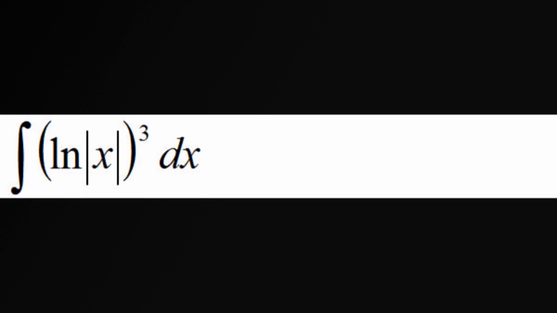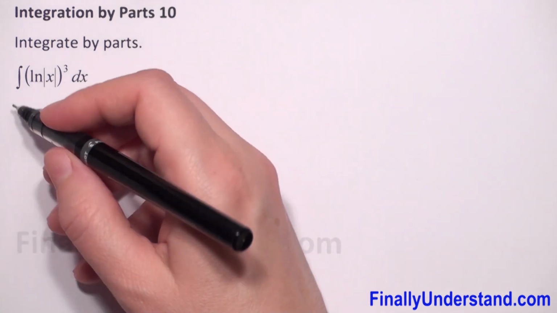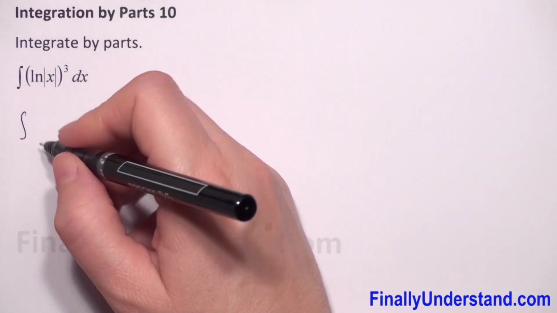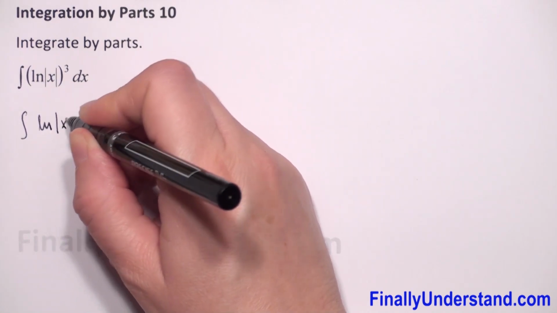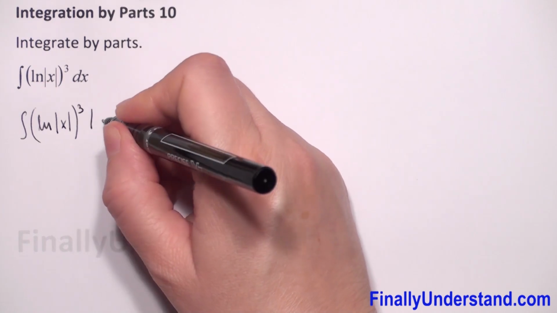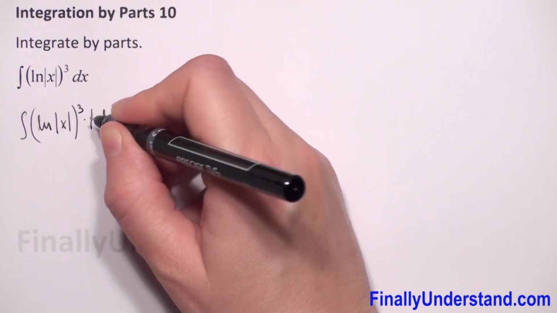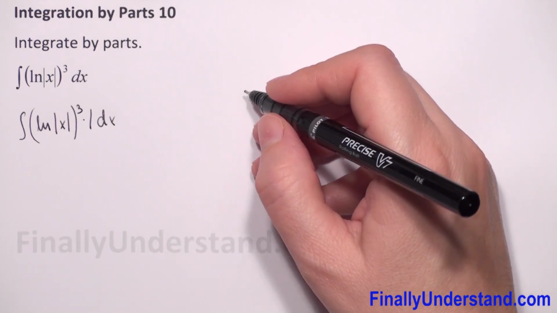Because we need to use the formula for integration by parts, we need a product here. Let me rewrite our integral, and I will put natural logarithm of the absolute value of x cubed times 1 dx. We have a product. And first, let me remind you the formula for integration by parts.